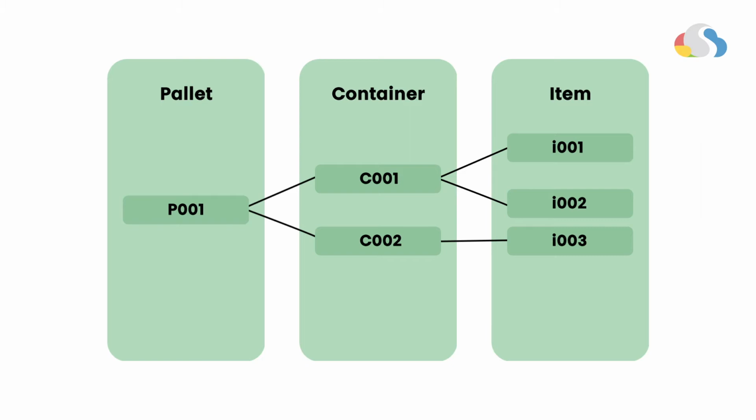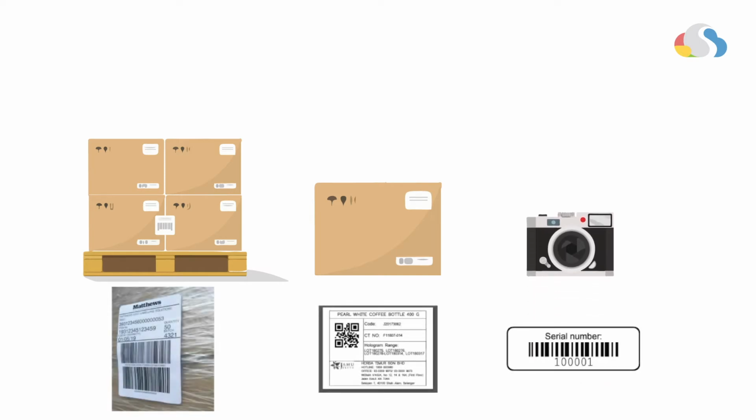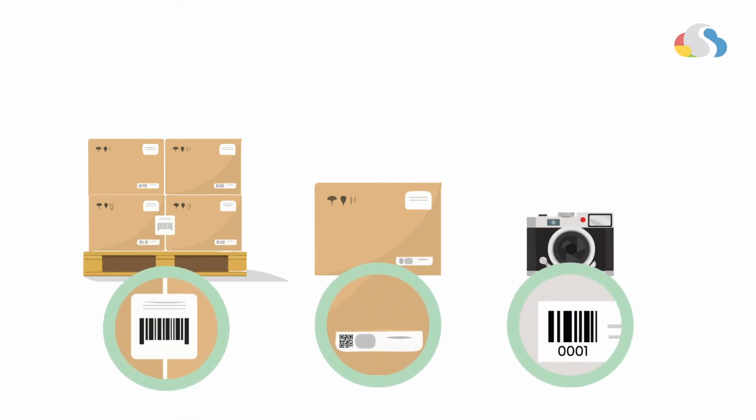Okay, so to give you a more visual effect, we have the pallet on the left hand side, then the boxes or containers, and then we have the individual items. And as you can see very clearly, all of them could have a simple barcode for tracking purposes, right? Because of the ability to group them in certain ways, more often than not, I don't have to scan every item.